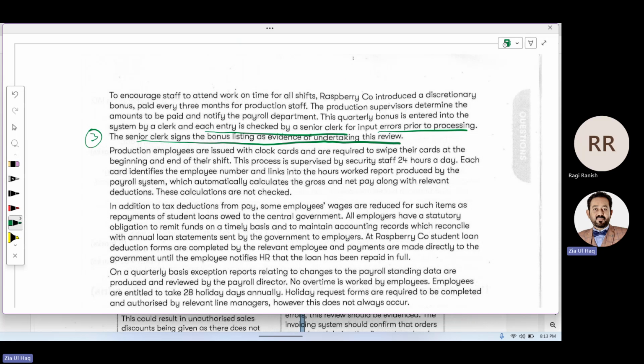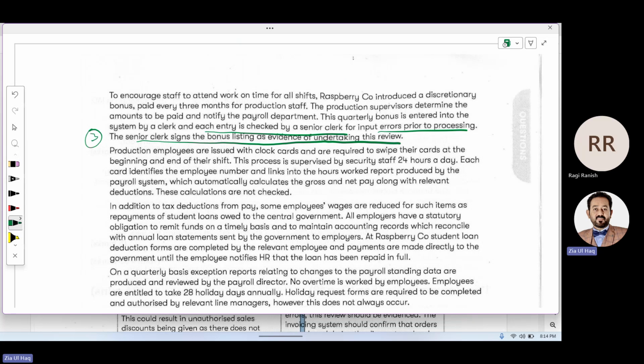If there are amount differences, it's not properly reviewed. If the amounts are similar, it is properly reviewed. Evidence will be sought by comparing the employee bonus list to the computerized system to ensure similar amounts.